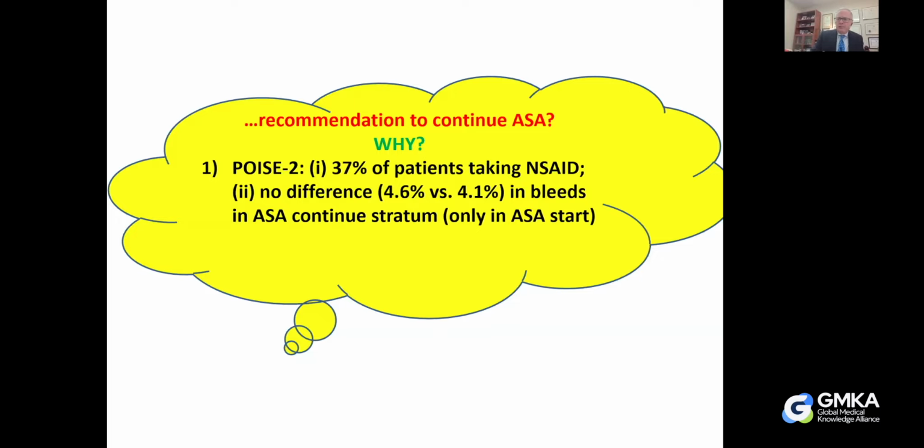And the committee also found that there was data suggesting that continuing aspirin overall reduced thromboembolism. So once again, the default management would be recommended to continue aspirin, but there would be patients that you would move the needle in the other direction where you may want to stop the aspirin, especially, for example, if they are having a high bleeding risk procedure.